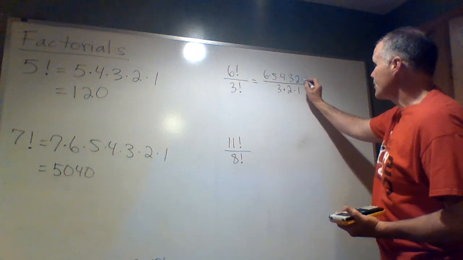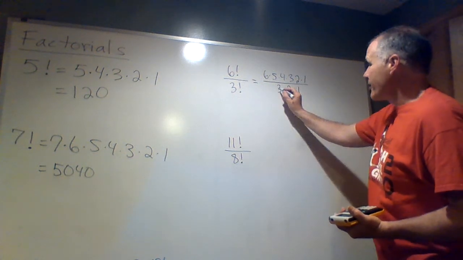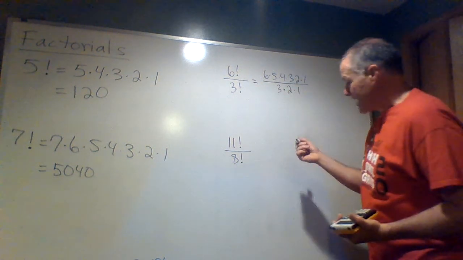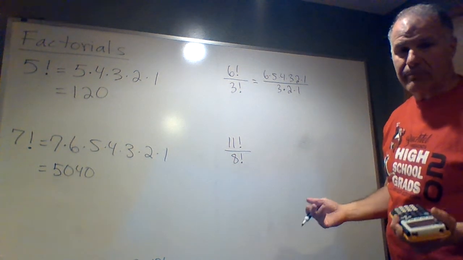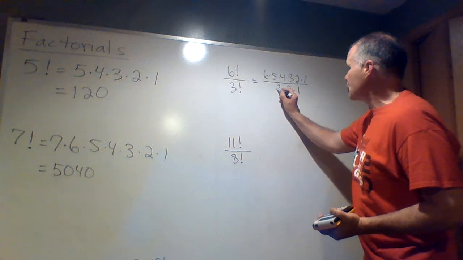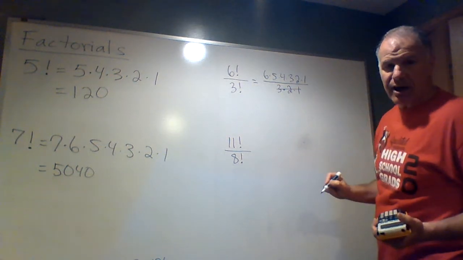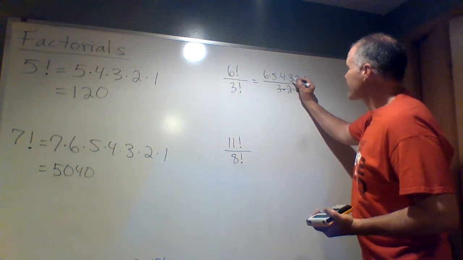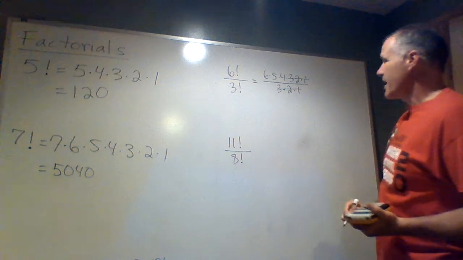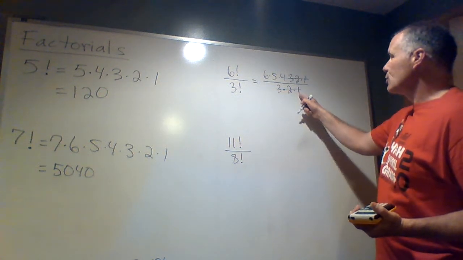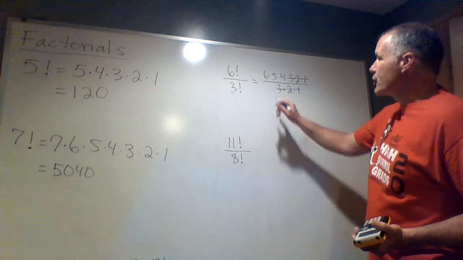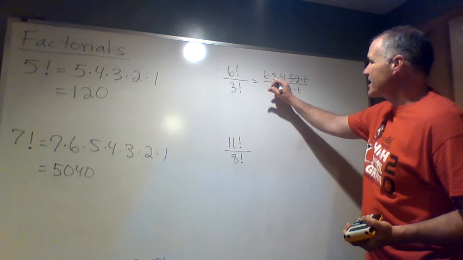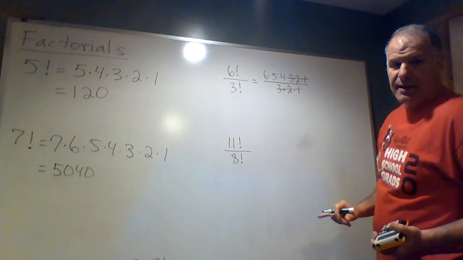So guys, the 3, 2, 1 in the numerator and the 3, 2, 1 in the denominator match. And remember, guys, in fractions, you can cancel whatever matches. So the 3, 2, 1 on the bottom, I can cross off when I also cross off the 3, 2, 1 on the top. See that? So the only thing left is 6, 5, and 4 in the numerator.